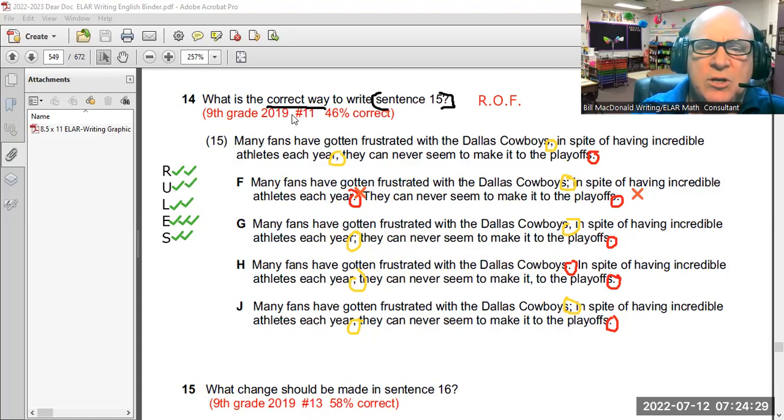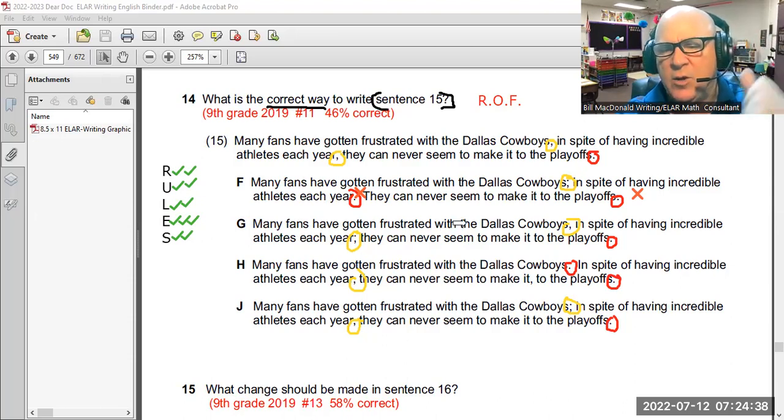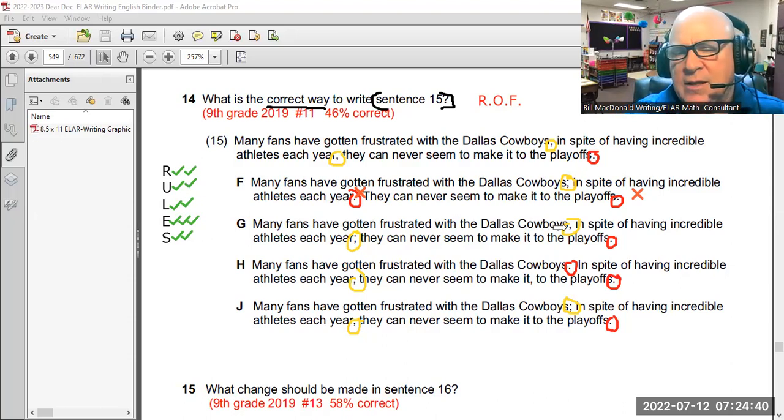Letter G. Capital. Many fans have gotten frustrated with the Dallas Cowboys, comma, in spite of having incredible athletes each year, comma. That doesn't really flow, so I don't think that's the answer.